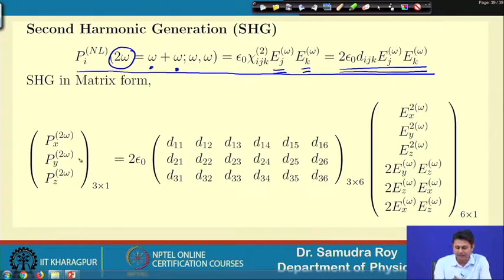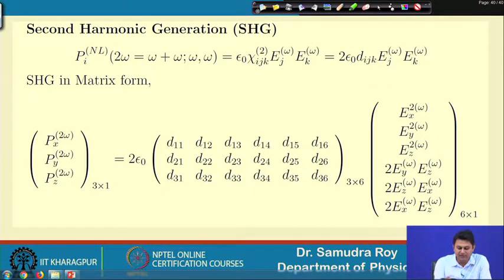So, we will have a simplified form of the d matrix, and then it is easier for us to calculate Px, Py, Pz, which are the nonlinear components of the polarization. If I write these in matrix form, then Px, Py, Pz can simply be represented in terms of Ex, Ey, Ez in this way. One can readily derive this from this.